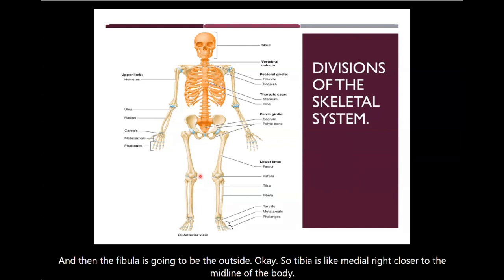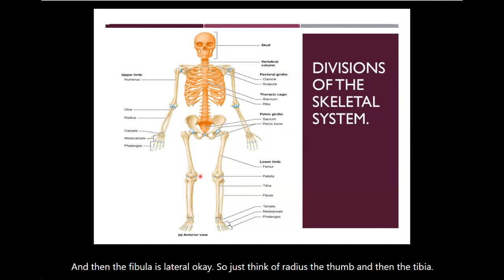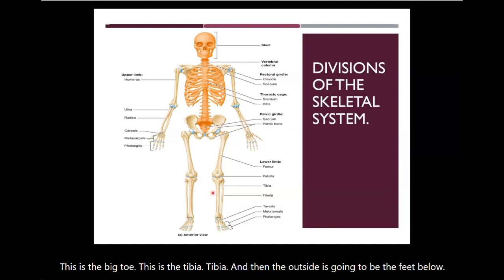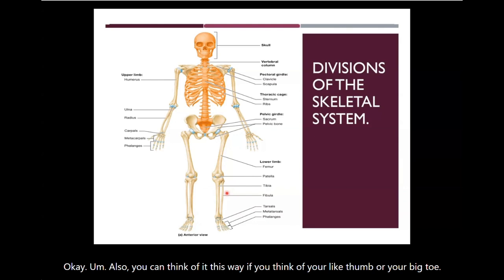The fibula is the outside, okay? The tibia is medial, closer to the midline of the body, and the fibula is lateral. So just think of the radius with the thumb, and the tibia with the side of the big toe. This is the big toe, this is the tibia, and the outside is the fibula.